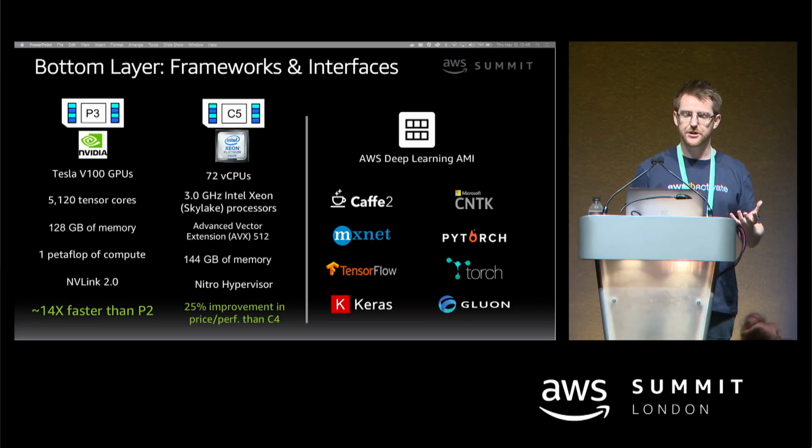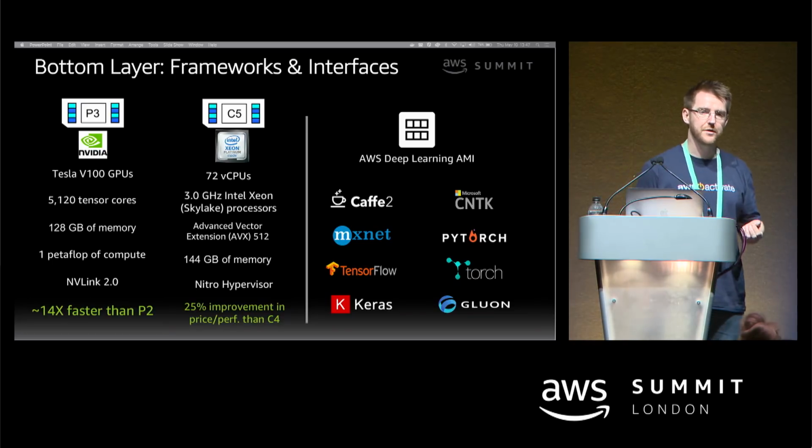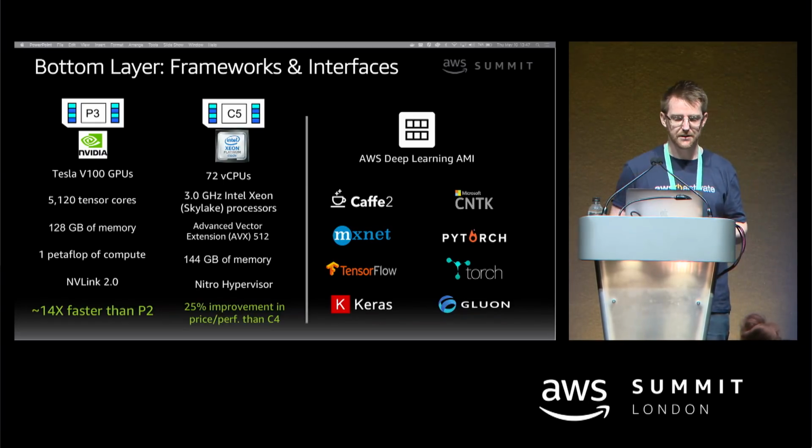And when you use our largest instance type, the 16XL, you can get access to a petaflop of compute. We've also got the Intel C5 instance types as well, and they've got 72 virtual CPUs available. And they can give you a huge improvement in performance using some of the built-in machine learning libraries, which are part of the Deep Learning AMI that I'll mention later.